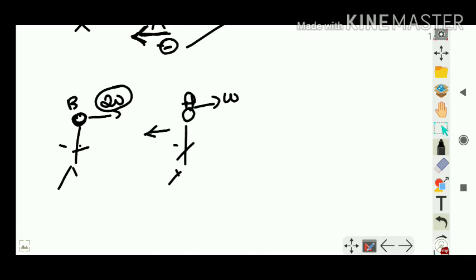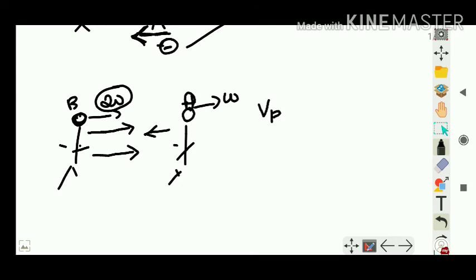Now what will be the feeling of A? A will feel that B is coming near to him. He just turned and looked back and felt, oh my God, B is going to catch me, right? So B appears to be moving in his direction, and the speed appears to be increasing in his direction.